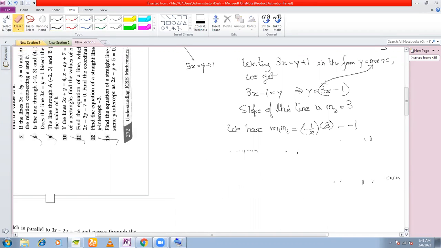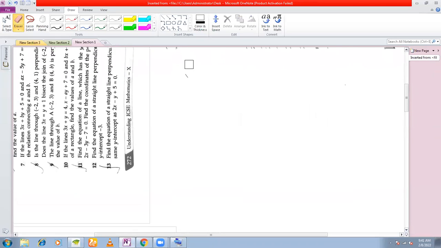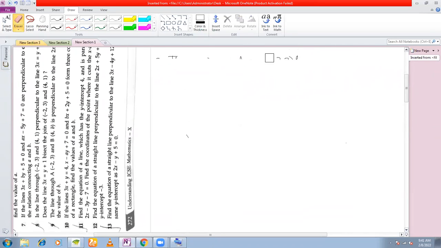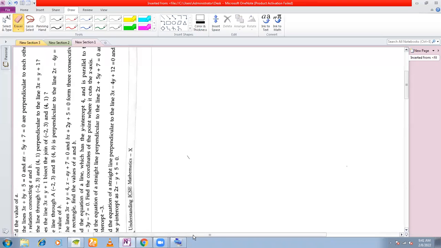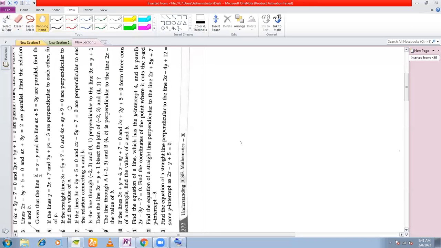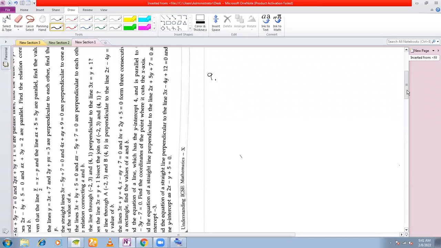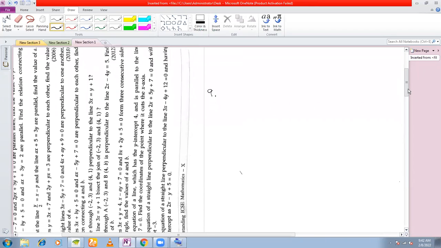Let's start with the next one, and this should be the last problem for the day. Number 9. Question is, the line through A (minus 2, 3) and B (4, b) is perpendicular to the line 2x minus 4y is equal to 5.